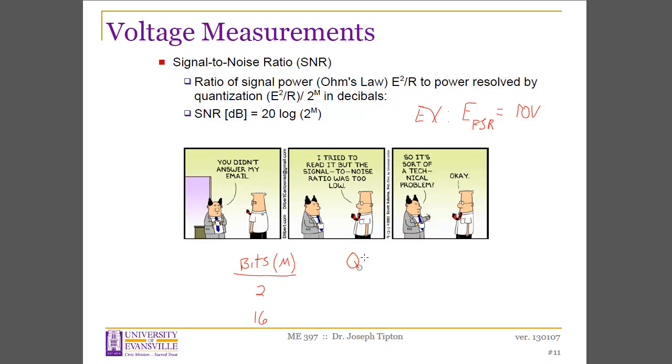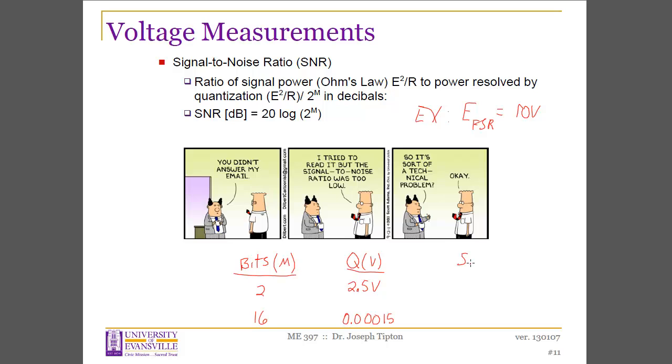Well, I can calculate my quantization error. Remember, that's in volts. So for a 10 volt full scale range, a 2-bit system is going to give me a quantization error of 2.5 volts. And a 16-bit data acquisition card is going to give me a quantization error of 0.15 millivolts.